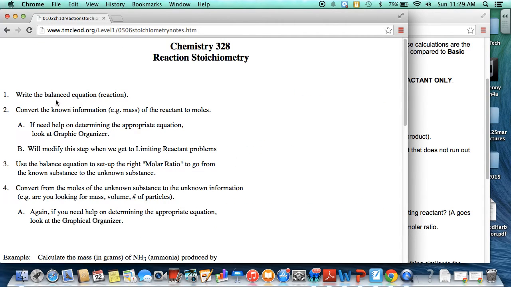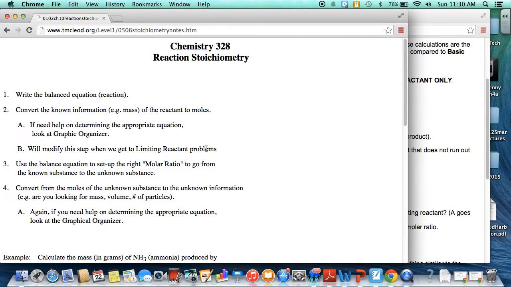And if you go through it, what you see is you must have a balanced chemical reaction. But the second thing is you're going to convert the known information units into the moles of that information. Well, that's why down here it says under B, we'll modify this step when we're doing limiting reactant problems.